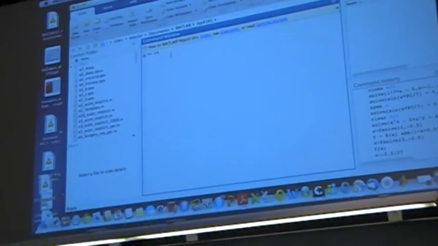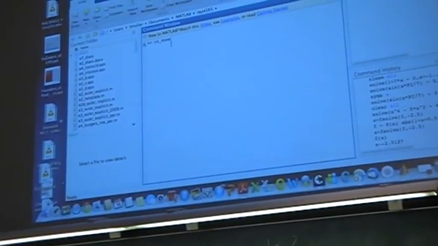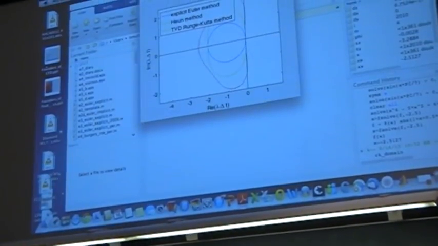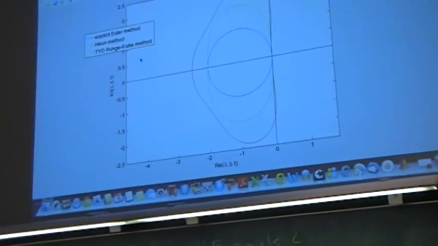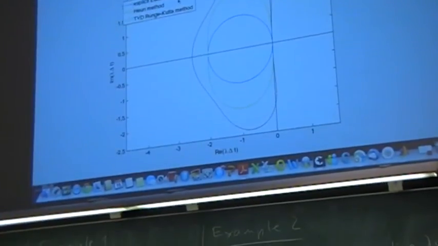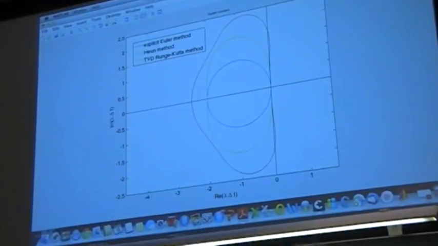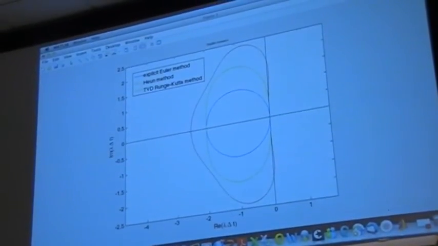So RK domain. Here we are. Here we have the stability domains for actually 3 methods.